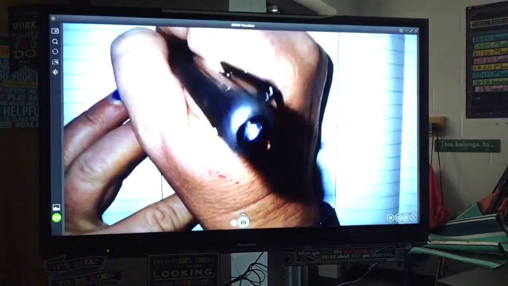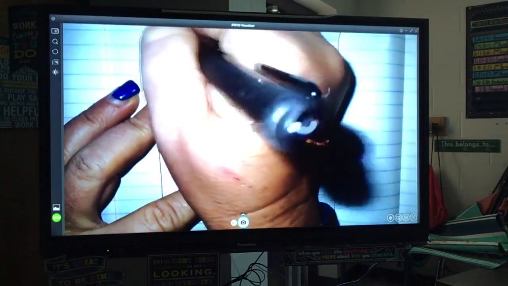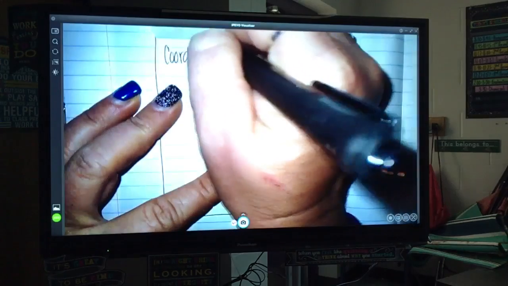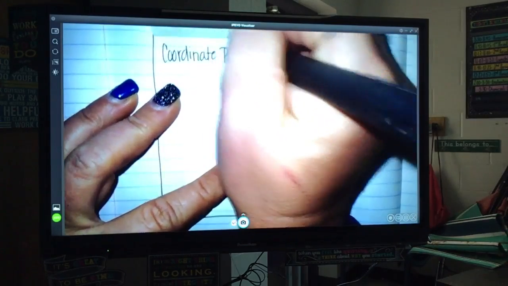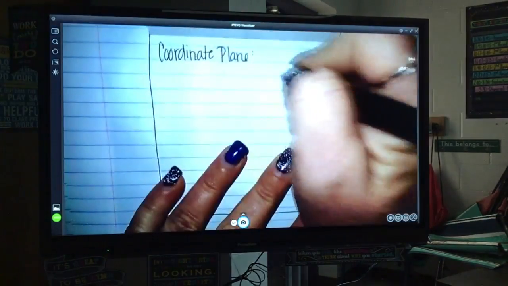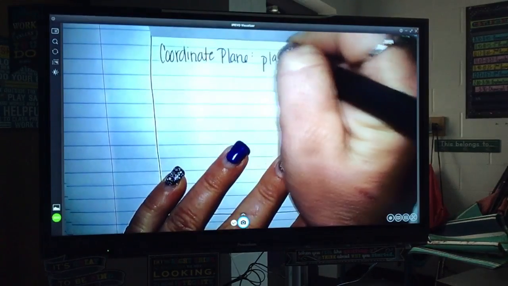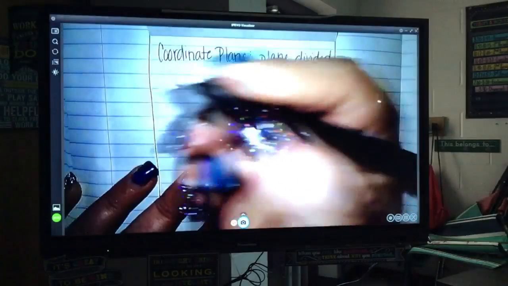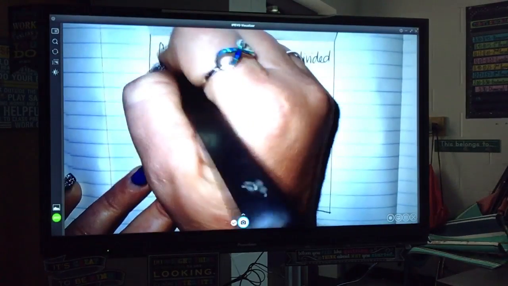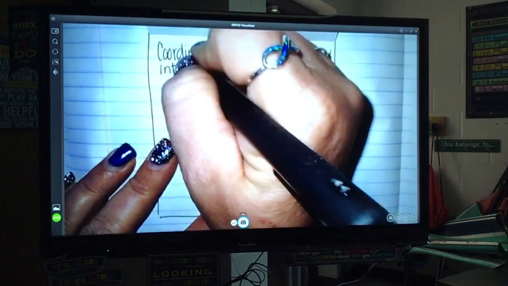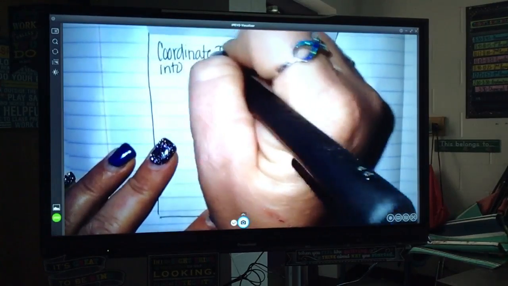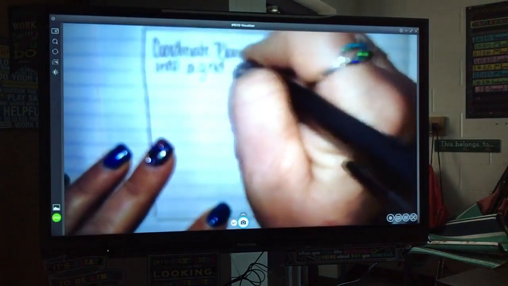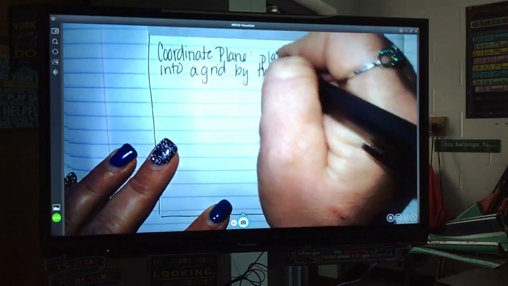Alright, so a coordinate plane is a plane divided into a grid by 2 number lines.